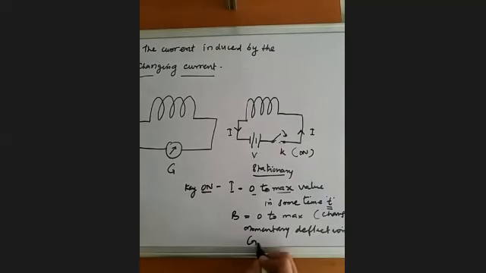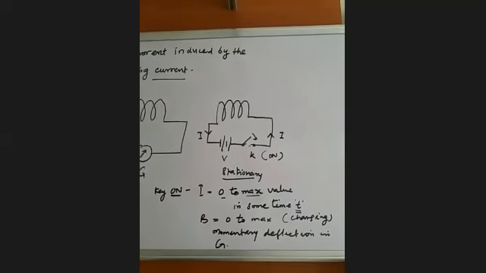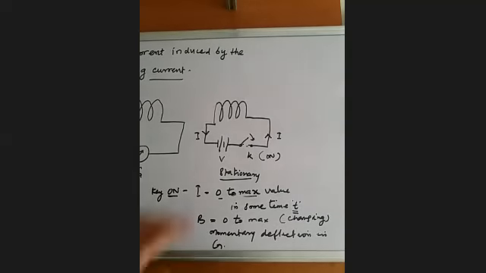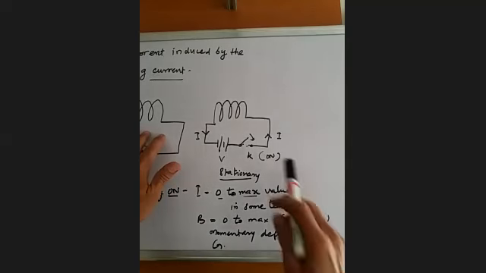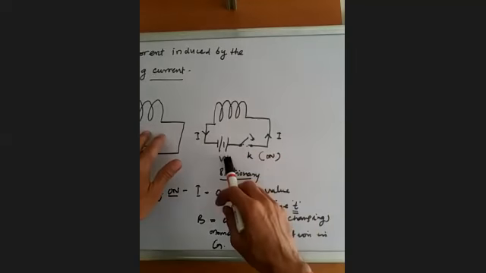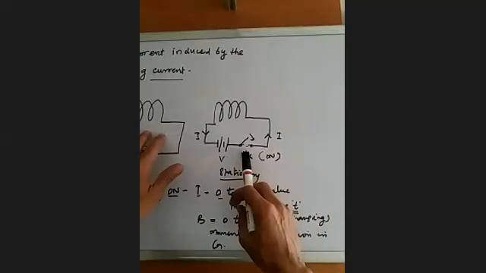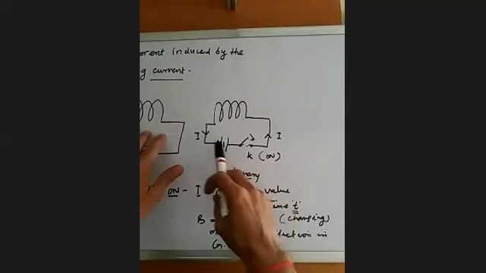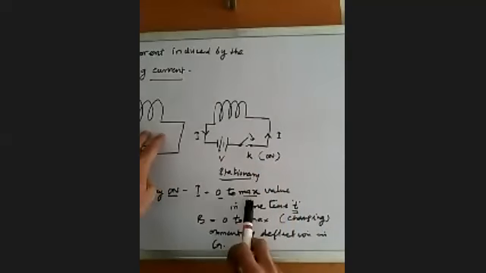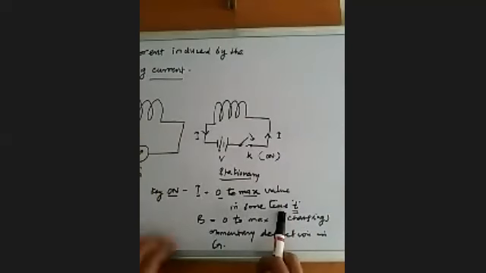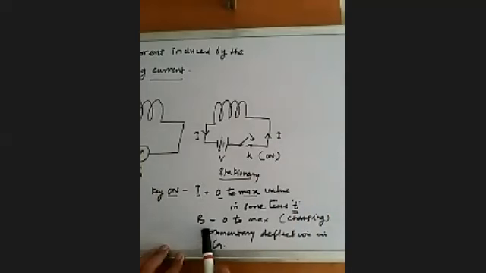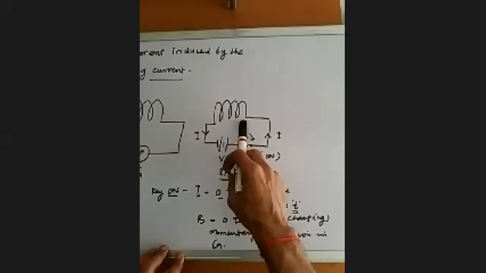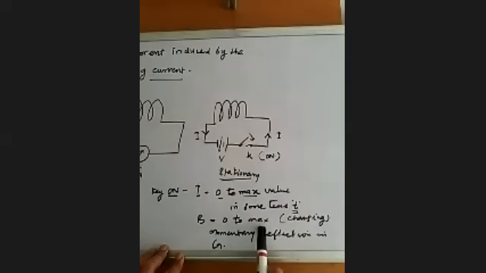Okay. So once again, we have this coil connected to a galvanometer. This coil is connected to a cell or a battery through a key. When the key is pressed, the current starts and increases from 0 to its maximum value. It takes a fraction of a second, and while this current is increasing, the magnetic field developed in this coil also increases from 0 to maximum.